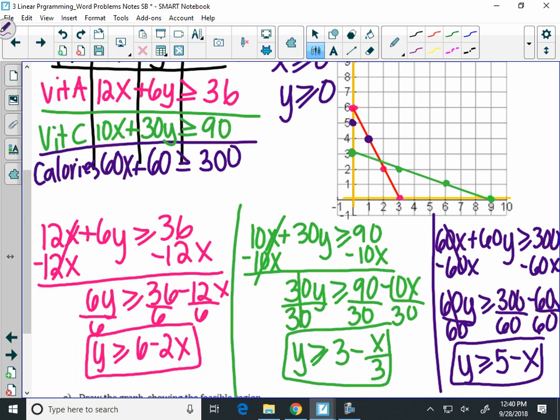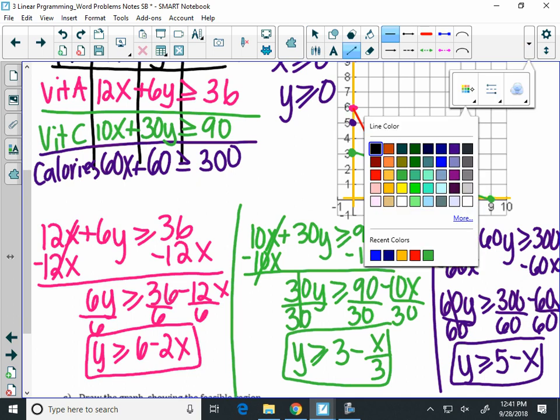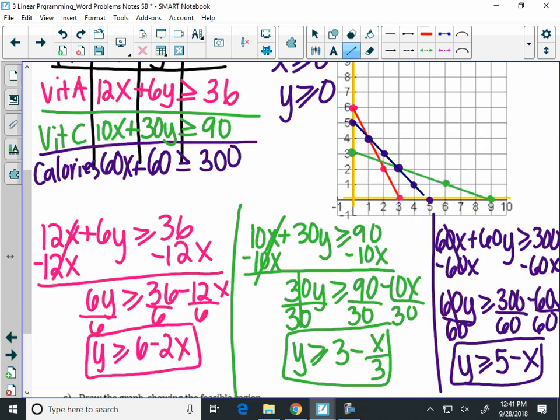Oh, yep, we're good. So the second one doesn't intersect like we normally think it's going to, but it's going to work out okay. But you have to figure out where you're going to shade this time. You might not want to shade yet. But you at least have lines that kind of look like that.